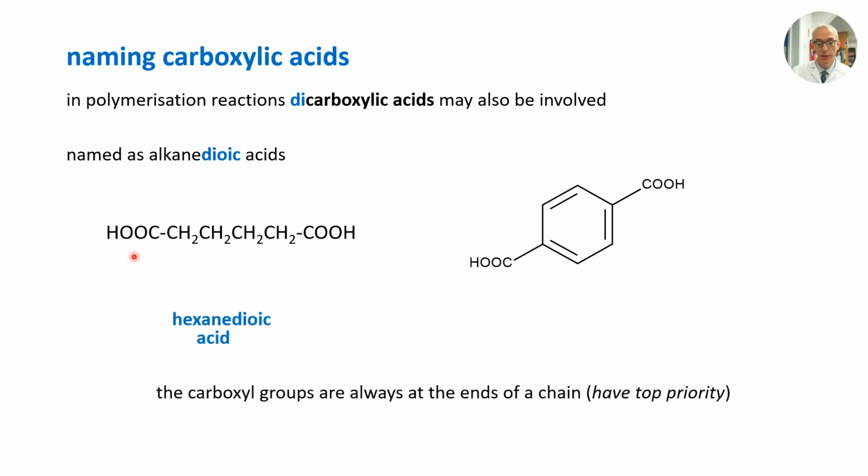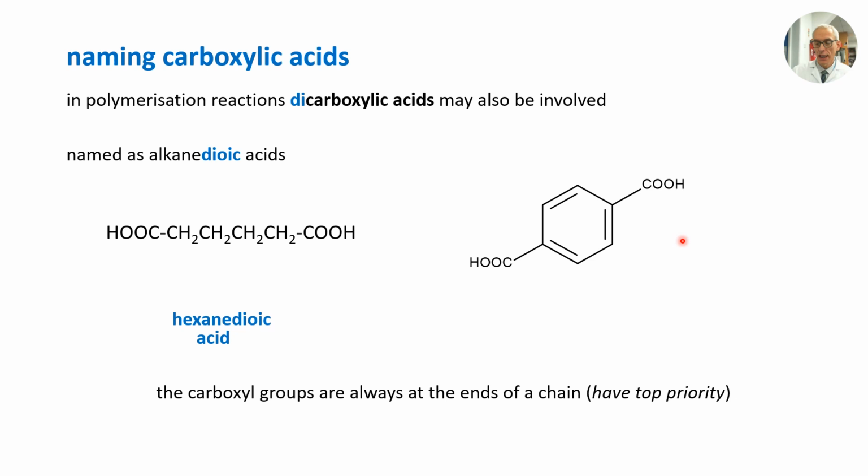So we would name that as hexanedioic acid. The carboxyl group is always at the end of the chain, so we define the longest chain, or the parent molecule, by the presence of 2 carboxyl groups. So this is hexanedioic acid.